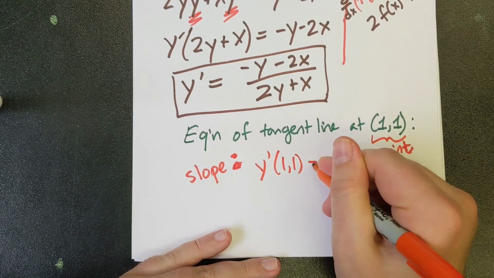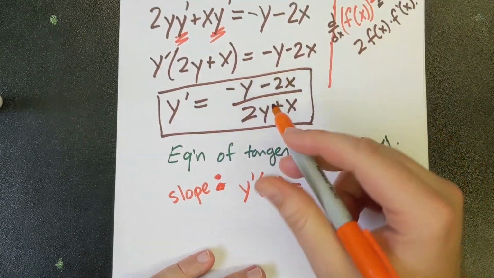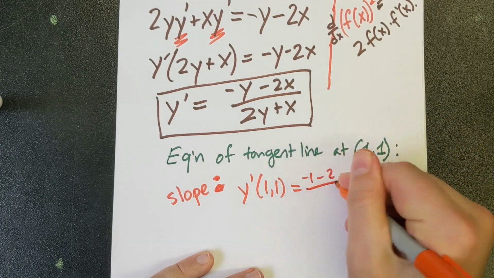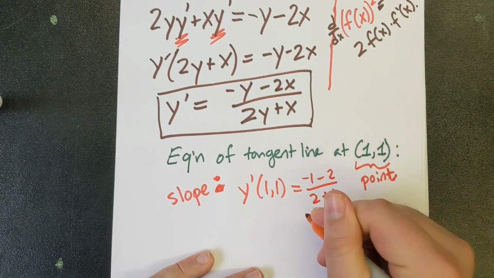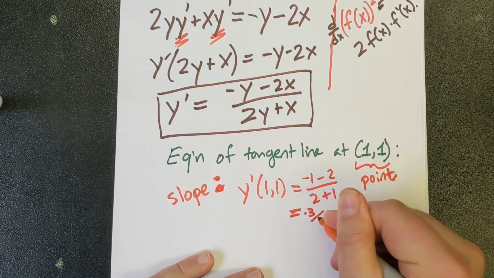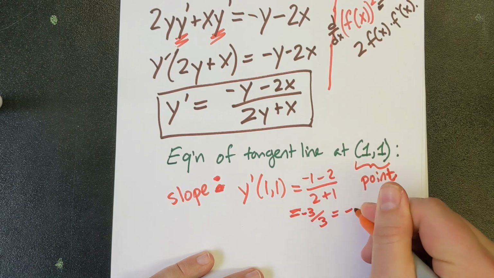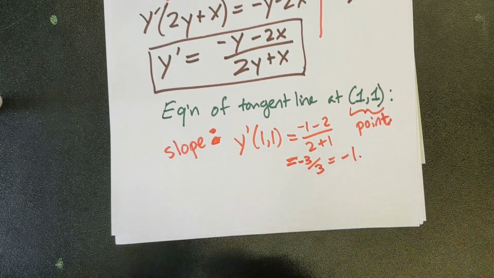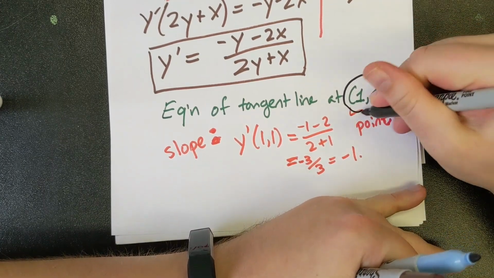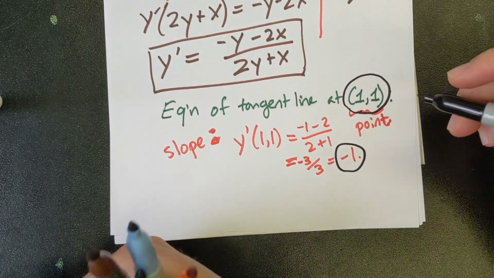Y prime at 1, 1 is just plug in your 1 and your 1. You get negative 1 minus 2 times 1, minus 2, over 2 plus 1, which is negative 3 divided by 3. It's negative 1. So you have this point, 1, 1, and slope negative 1.